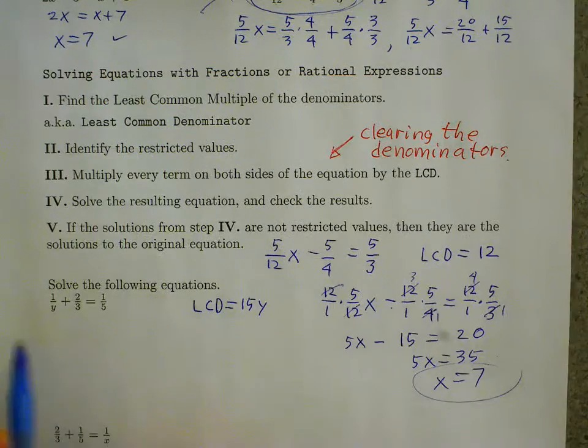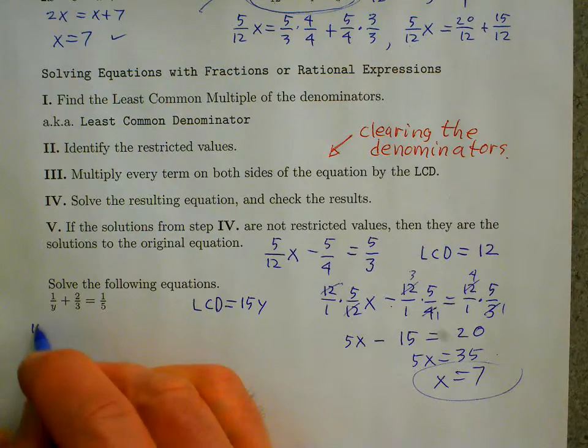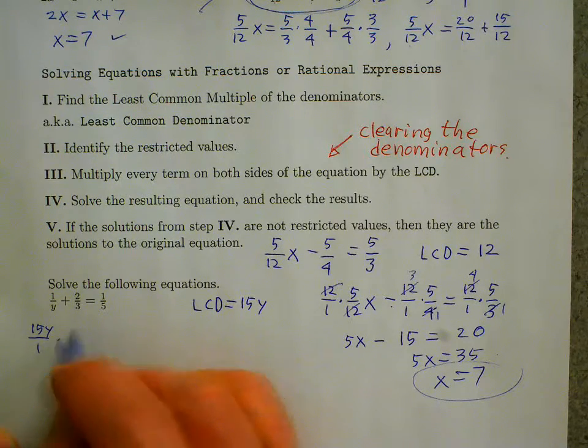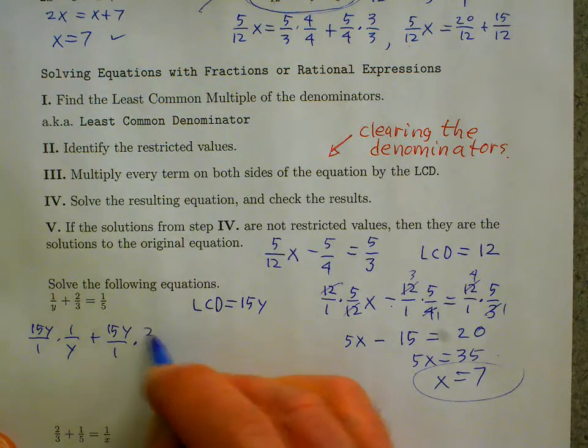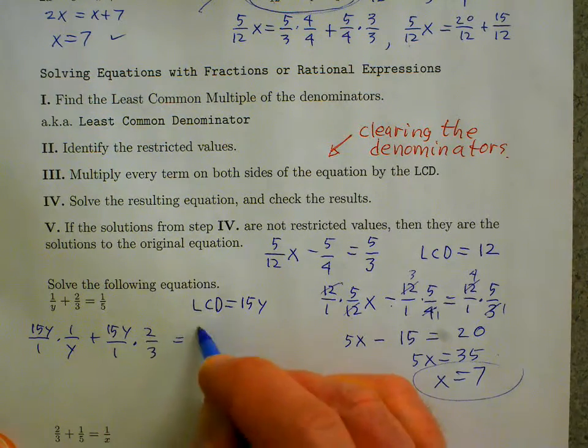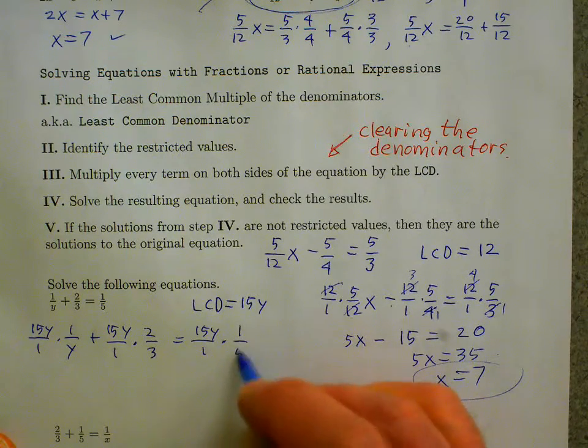And then multiply every term on both sides by 15y. So we get 15y over 1 times 1 over y plus 15y over 1 times 2/3 equals 15y over 1 times 1/5.